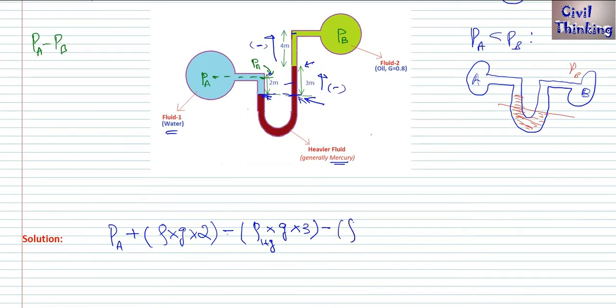Minus rho, we don't know what this is. Yes, we know this is a fluid whose specific gravity is 0.8, but we don't know its density. We will call the density of this fluid B rho B, because this is fluid B, and this one is fluid A. We'll call this rho A, and A is water, right? And rho B g multiplied by h. How much is h? 4 meters. Now tell me, where are we?